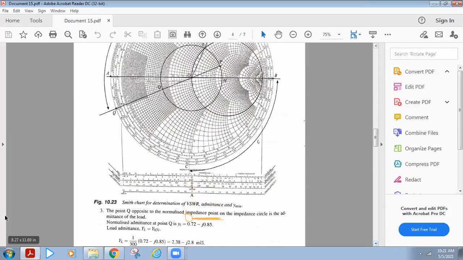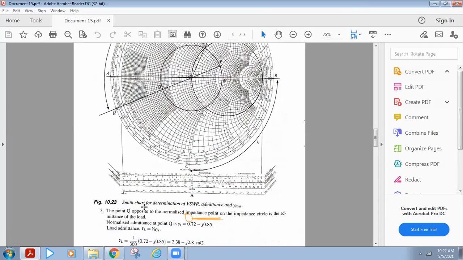The third point is the point Q, opposite to the normalized impedance point on the impedance circle. This is the admittance of that load. This is the impedance, and the opposite side, 1 by R, is taken as the admittance.